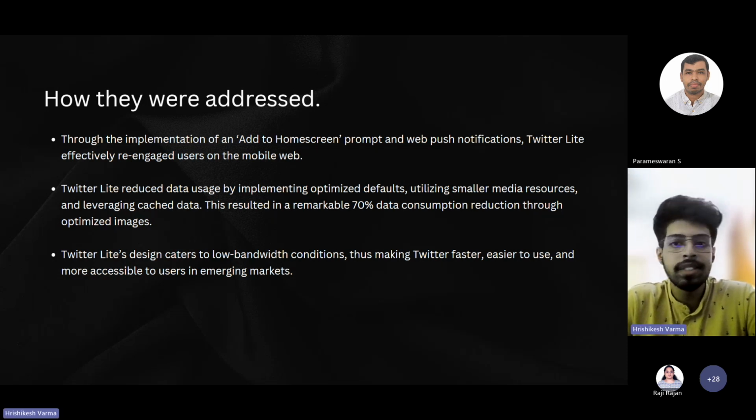While they released the Twitter native application, the images were of high quality and high size. When Twitter Lite was introduced, it reduced the data usage by reducing the media resources and using cached data. Twitter Lite's design caters to low bandwidth connections, making Twitter faster, easier to use, and more accessible to users in emerging markets.